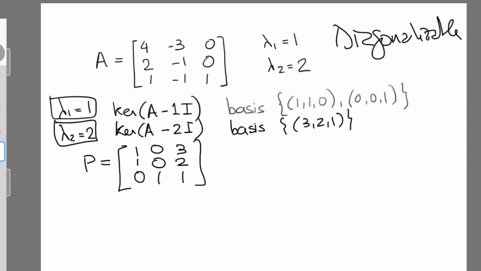That's the matrix P. Then you will calculate by any of the methods that you know of calculating inverse matrices, you will calculate the inverse of this matrix. So we will get that the inverse matrix of this, by any of the methods, you will get this matrix here.